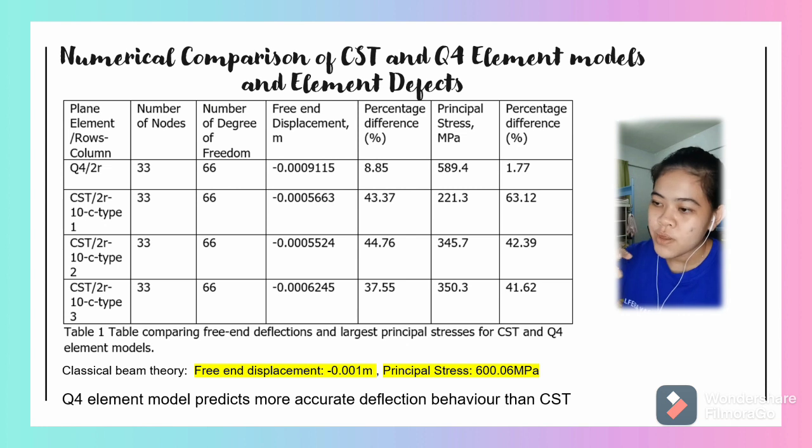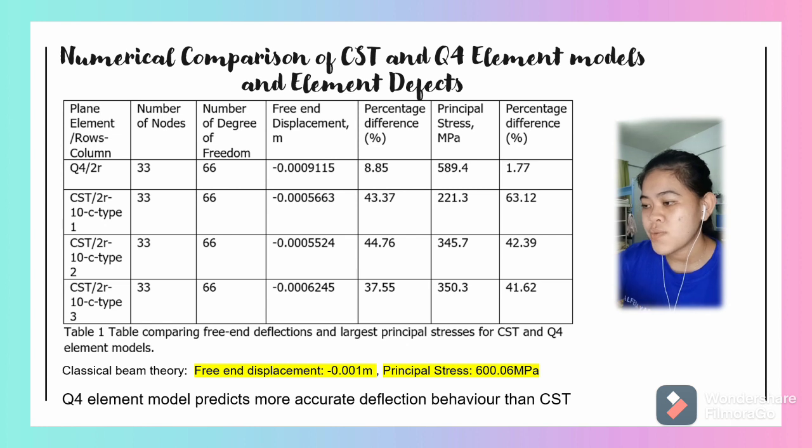And compared with the LISA FEA software, the principal stress obtained is 589.4 megapascal, so they are quite close to each other. So that is why the percentage difference is small, and the CST has the larger percentage difference.